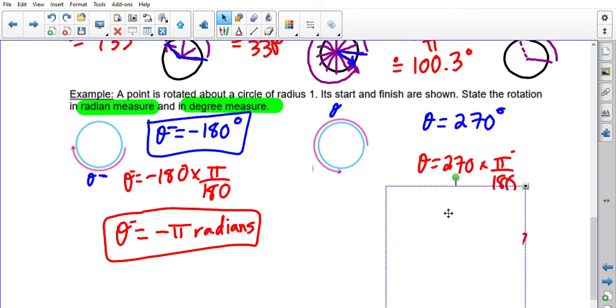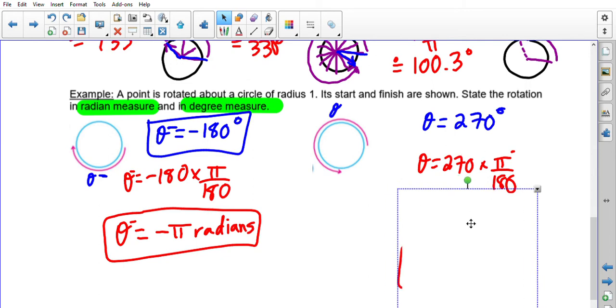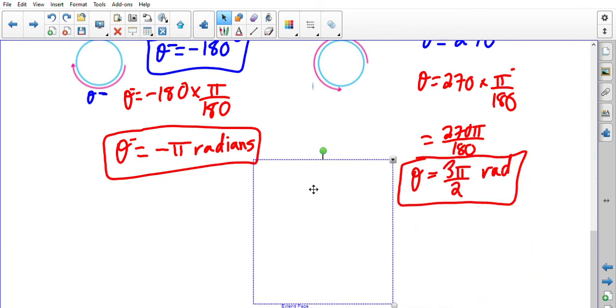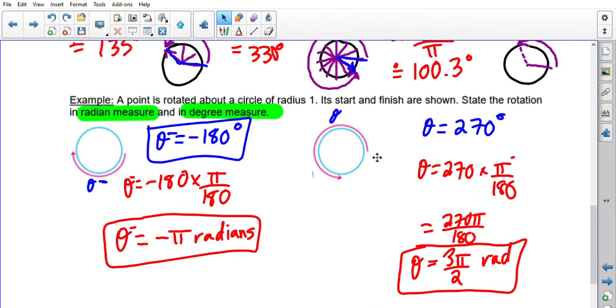So 270 times pi over 180 gets reduced to 3 pi over 2. So this was 270, and its radian measure is 3 pi over 2. You can also think of 270 as 3 rotations of 90-degree intervals, because pi over 2 is always 90.